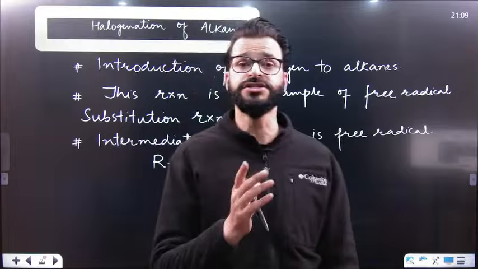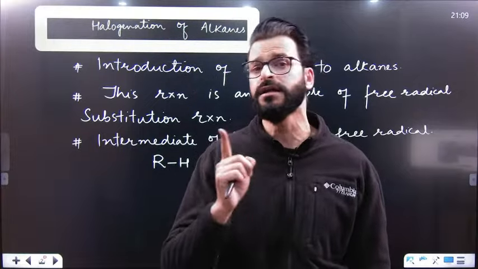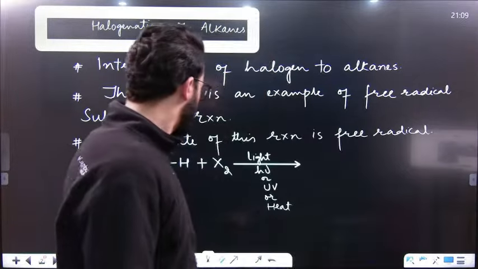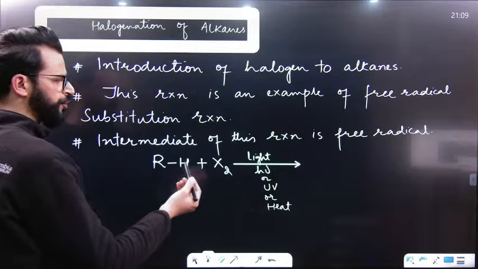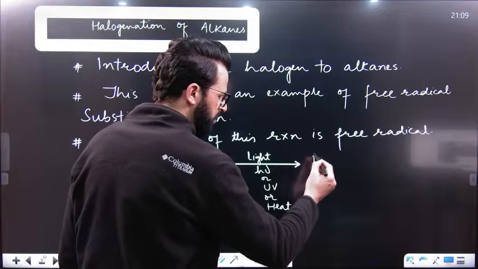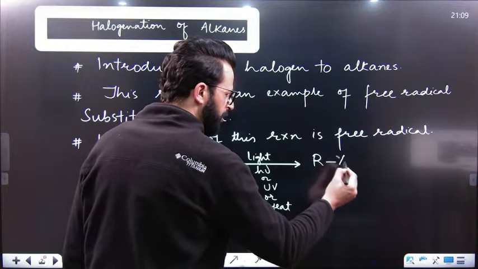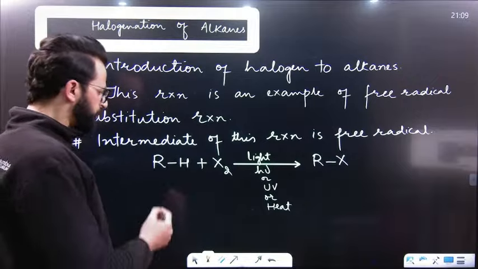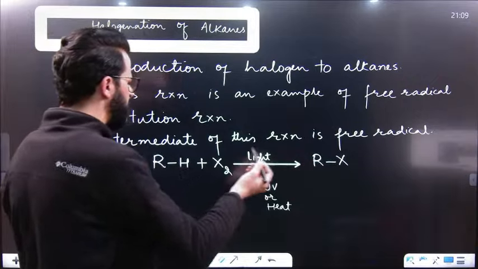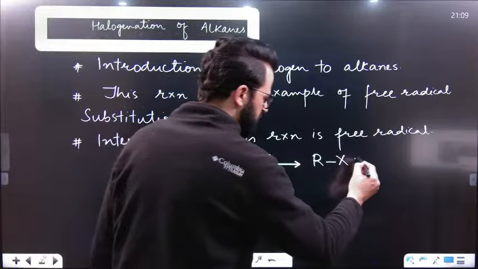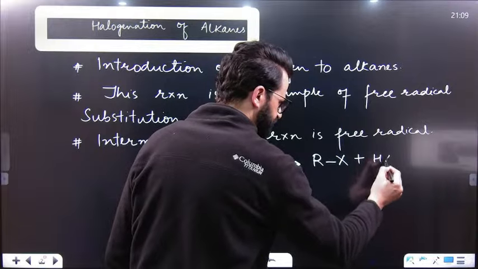So this reaction generally takes place in presence of either light or heat. We have to replace this H of the alkane, and here we will introduce X. So we simply get an alkyl halide from the alkane, and the side product will be HX.